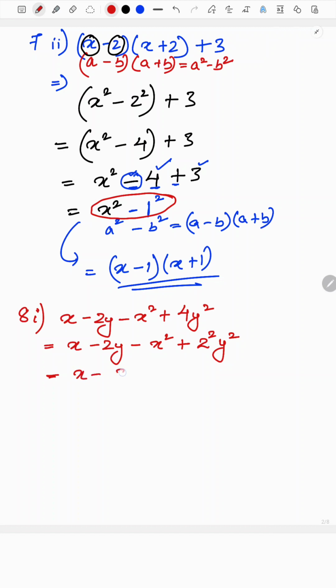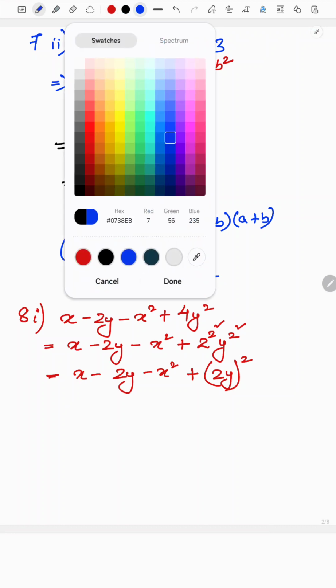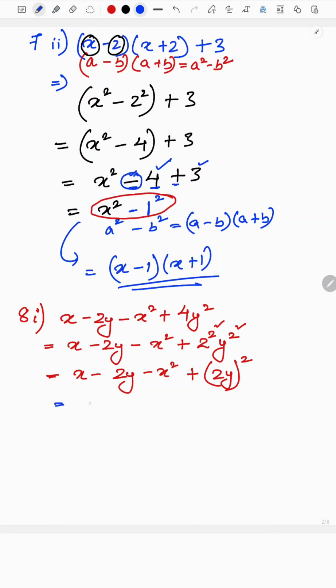So we get x minus 2y minus x square plus, here I have a square, here I have a square, so I will write 2y within bracket and square as the common. Okay, so now what am I further going to do here is, see, I will write x minus 2y within bracket, then I'll take this minus as common. So when I take that minus as common, I'll get x square.